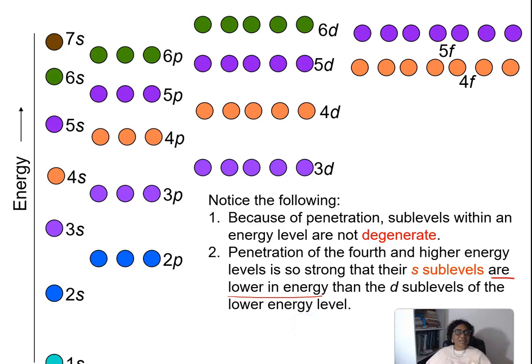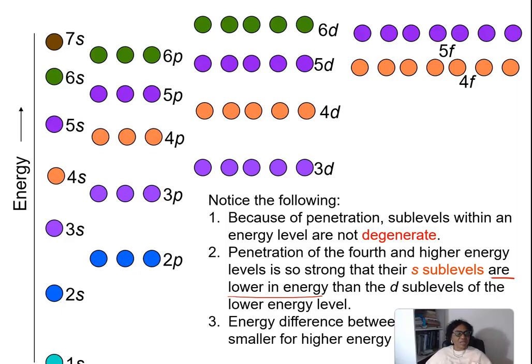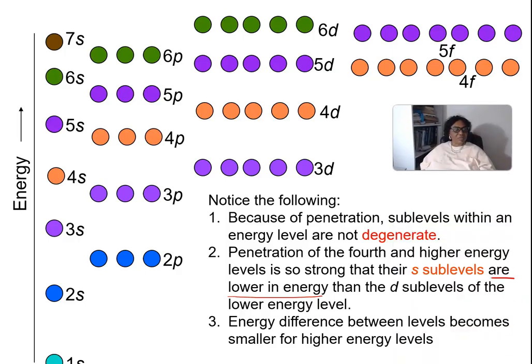It means that when it has a lower energy, electrons enter into them before they enter into the other ones which are higher in energy. So the energy difference between levels becomes smaller for higher energy levels.